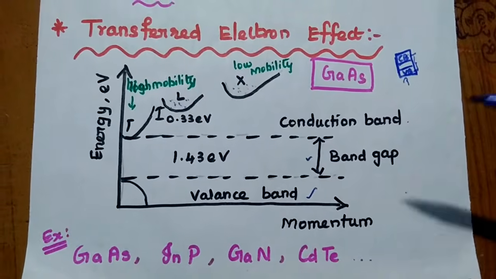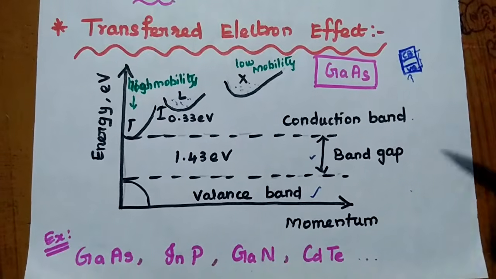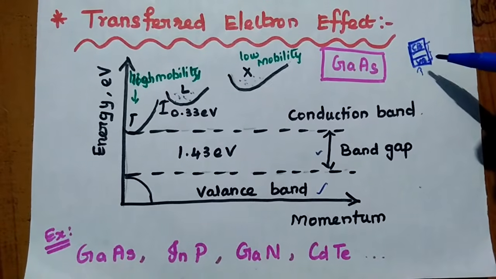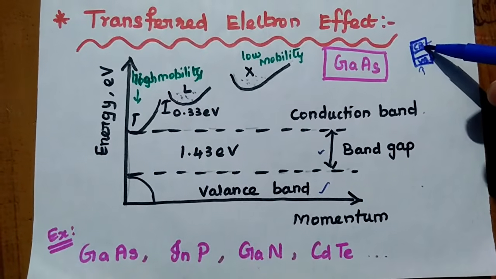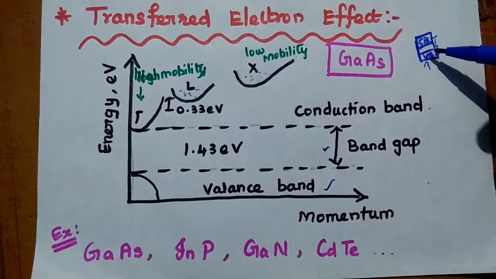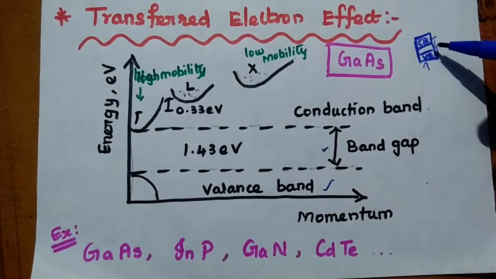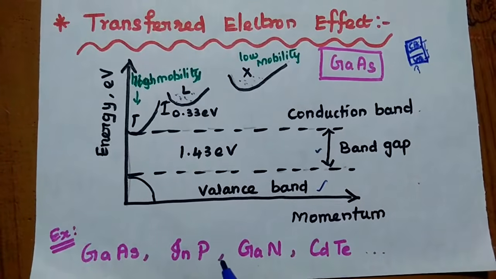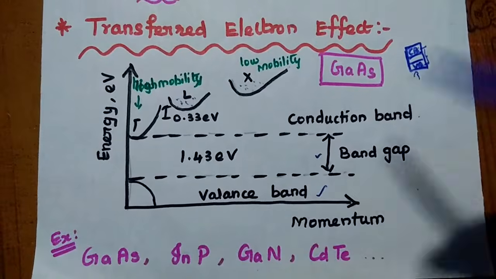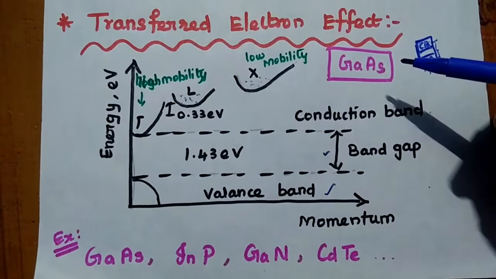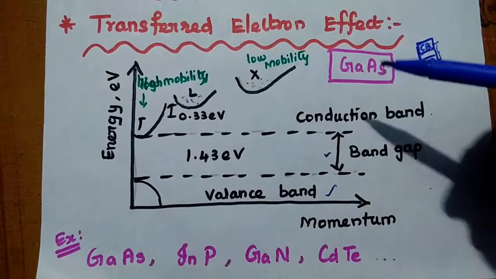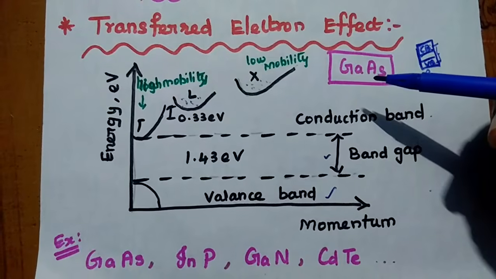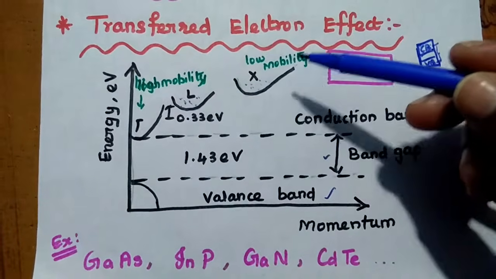In general, in silicon, germanium or any other materials, we have three bands in the energy band diagram. One is the valence band, another is the conduction band, and in between we have the energy band gap. But in the case of gallium arsenide, indium phosphide, and gallium nitride, we have another band called the subconduction band, which is in the conduction band itself but at a different layer.